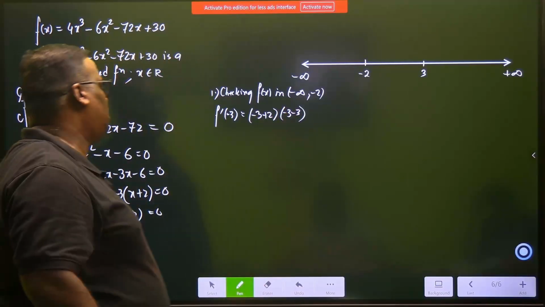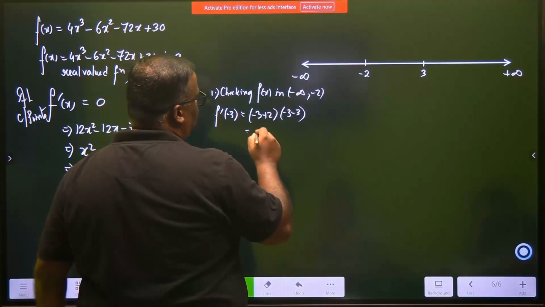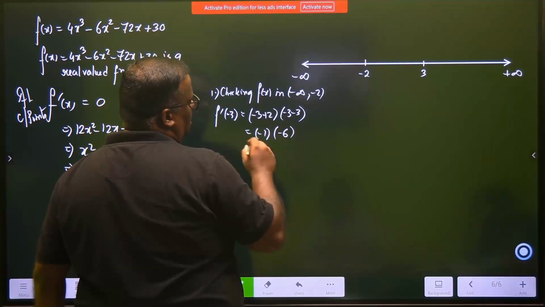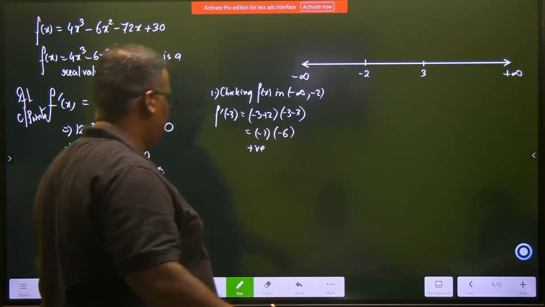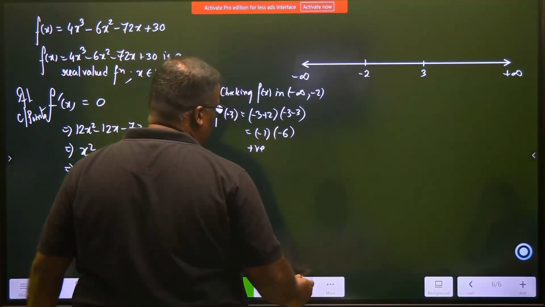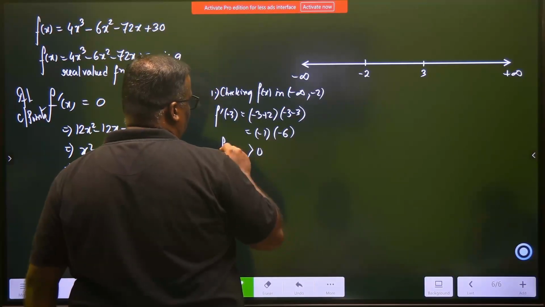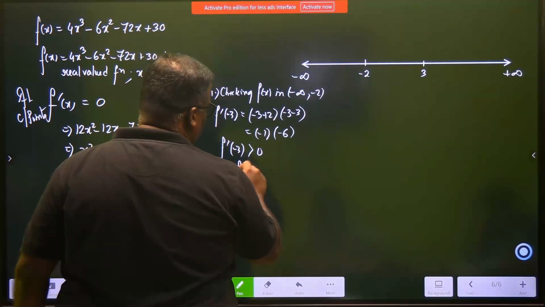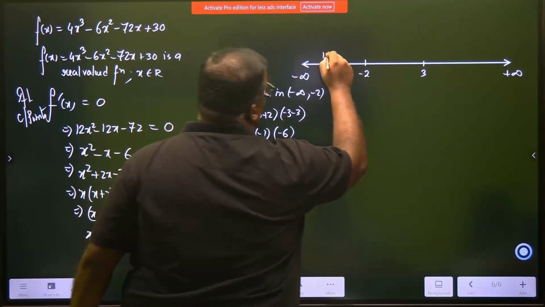Minus 3 plus 2 means you get a minus 1 multiplied by minus 6. So this is positive, or you can write this is greater than 0. f dash minus 3 is greater than 0. Therefore, f(x) is increasing. Very good. So in this zone you found increasing.